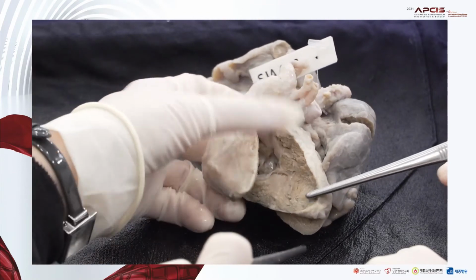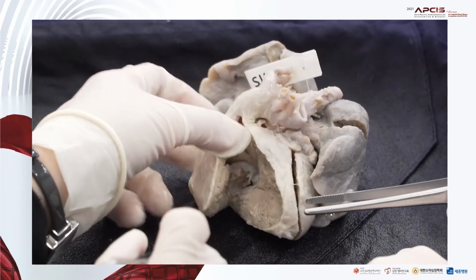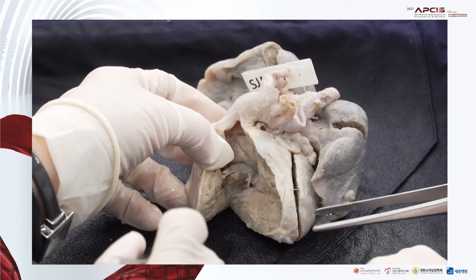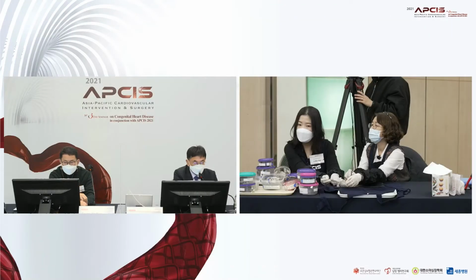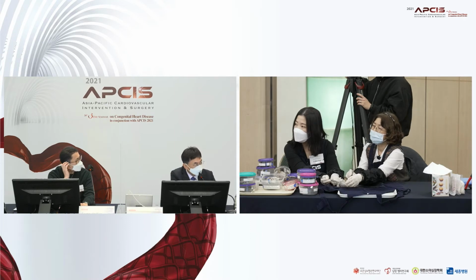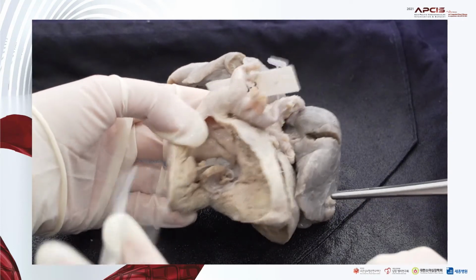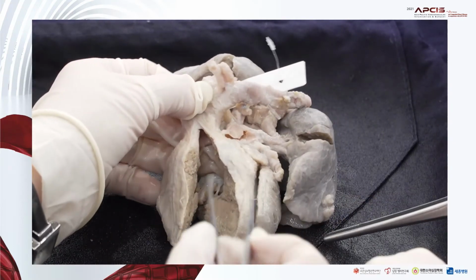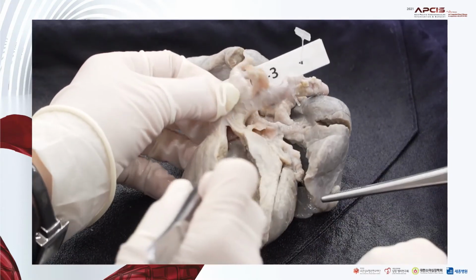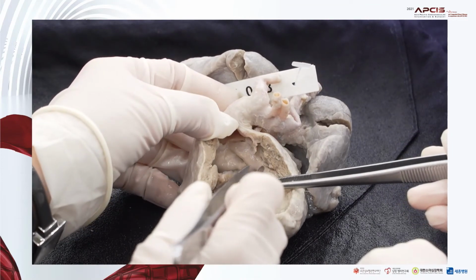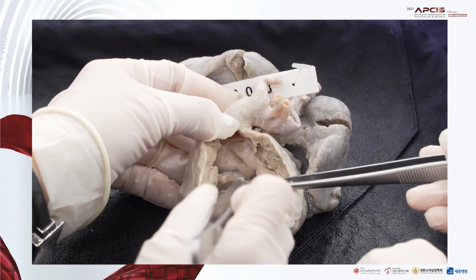So, this heart has a VSD far from the aortic valve. Do you think it is possible to do baffling from LV to aorta in this specimen? In this case, the pulmonary opening is closed.